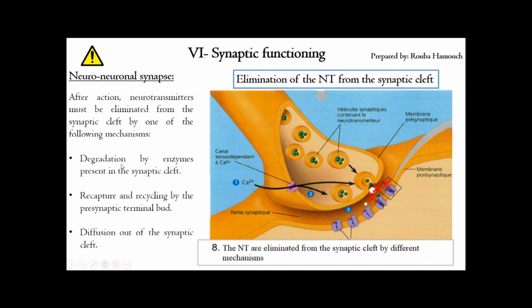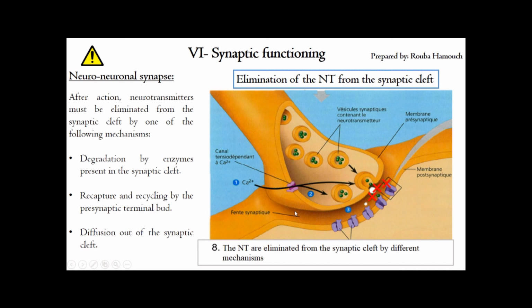They are degraded by specific enzymes present in the synaptic cleft, or they can be recaptured or recycled by the presynaptic terminal bud to be used in the next synapse, or they can simply diffuse out of the synaptic cleft.